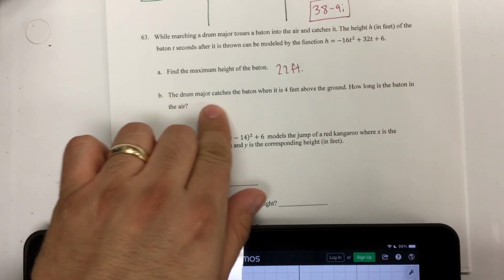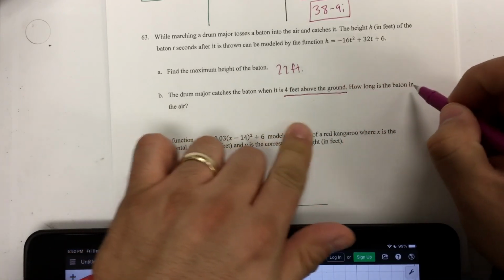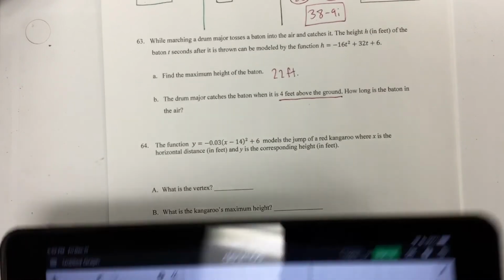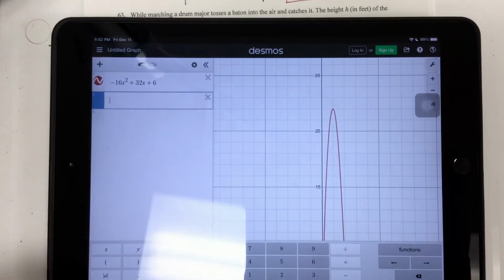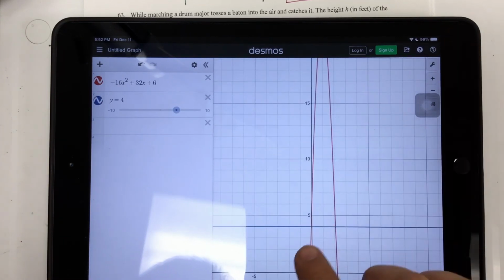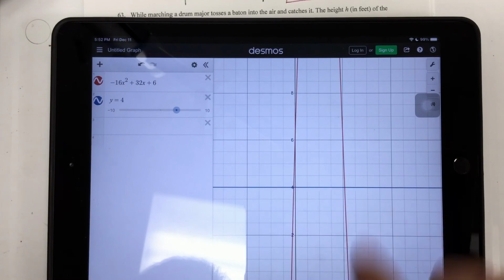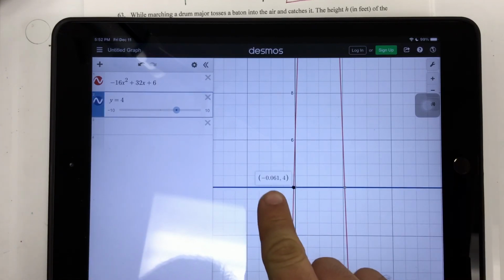Now it says the drum major catches the baton when it is 4 feet above the ground. How long is the baton in the air? Okay, so right here I'm going to make another line, and I'm going to write that y is equal to 4. That represents 4 feet above the ground. Now if I go back to my graph, you see it made a line here at 4 feet. So you touch the first one, and we get -0.061.